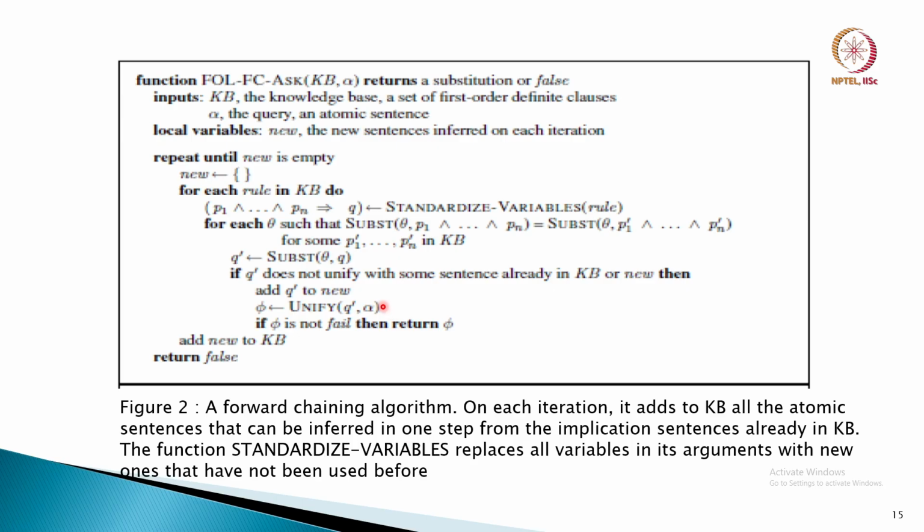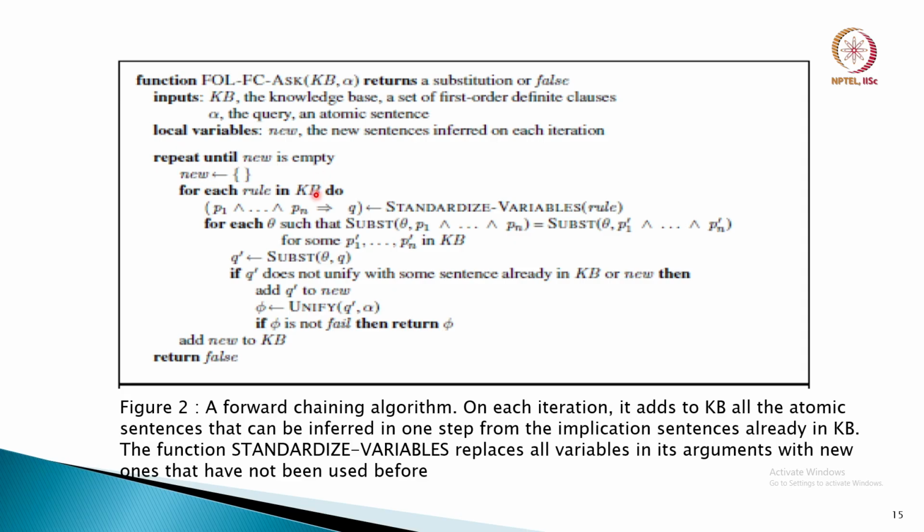So here is your algorithm for that basically. You are trying to find phi. Once you find phi, phi is added on to your knowledge base at every point in time, and repeat until new is empty.